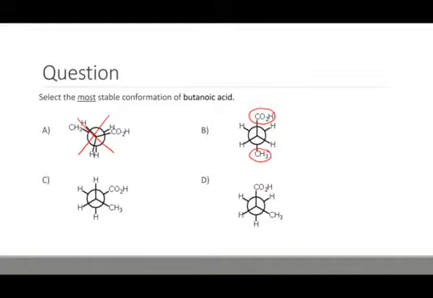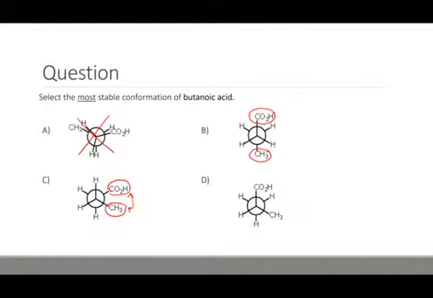In part C, we have our CO2H group and our methyl group staggered, but still near each other. And here, this is an interesting one.